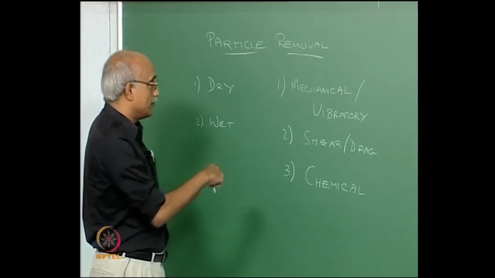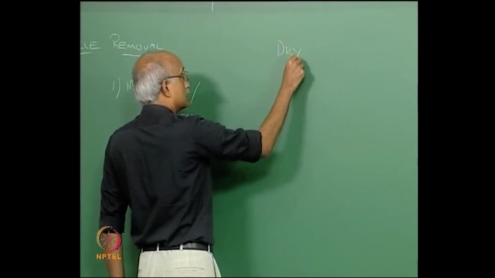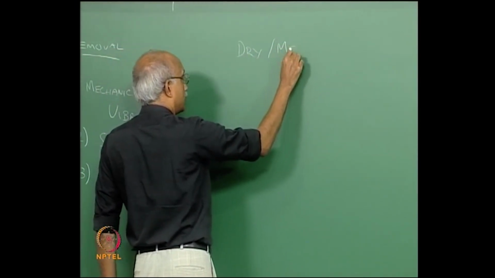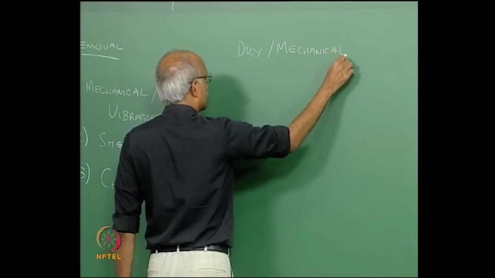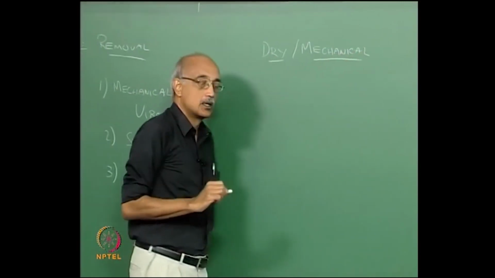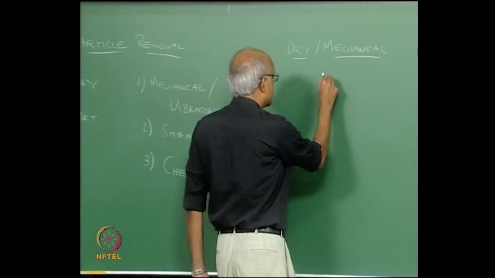Now, if you take various combinations of these, for example, a dry process that involves mechanical methods of particle removal. A classic example of this is brushing or scrubbing, right.